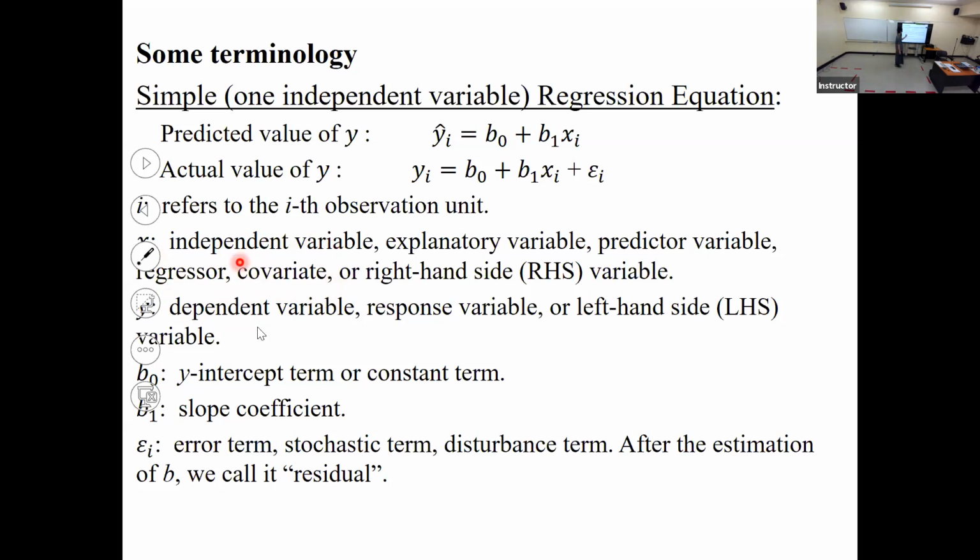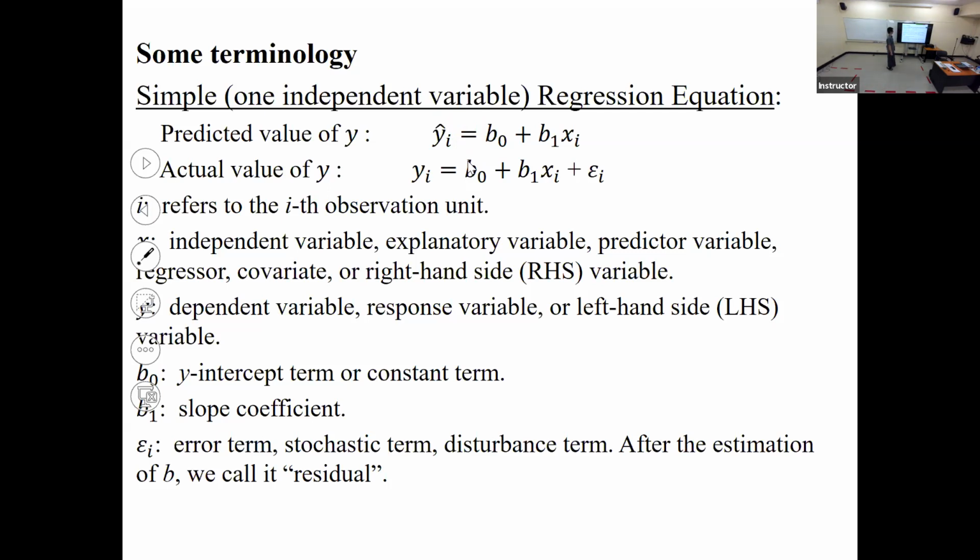Covariate. If we have only one x variable, we don't say it. But if there are more, we sometimes use covariates, or covariate variables. Right-hand side variables, or RHS, because it's on the right-hand side of the equal sign. So that is why sometimes we just say right-hand side variables.